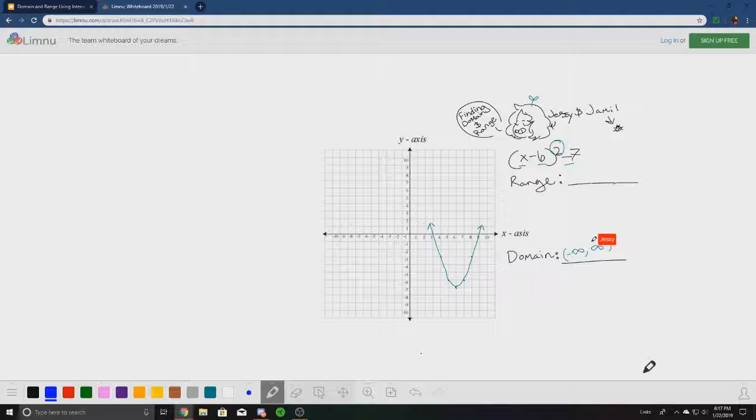So for the range for this, it's going to be starting from -7 and it's going to be a closed bracket. The closed bracket means that it stops, it's not going anywhere else. That's where the -7 is.